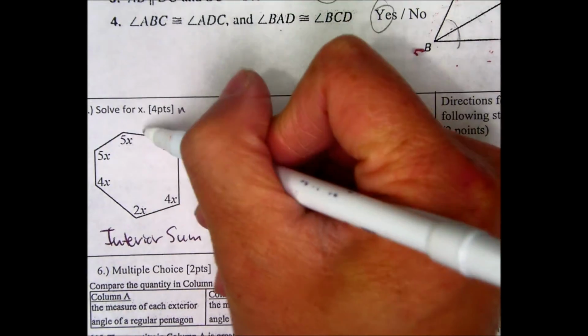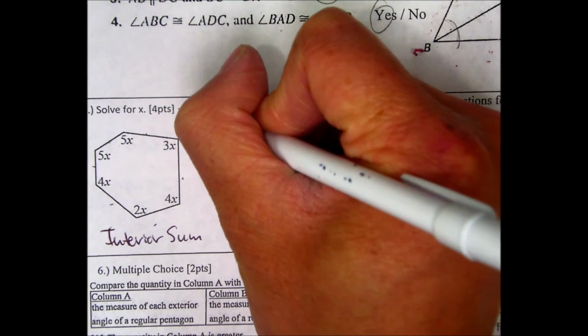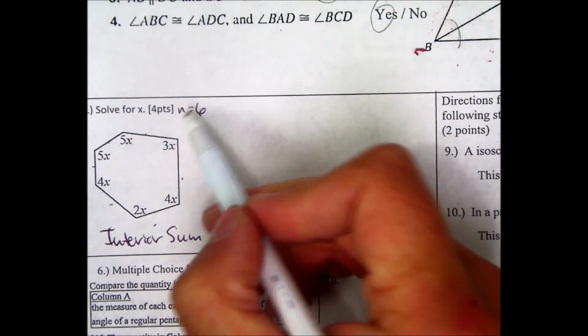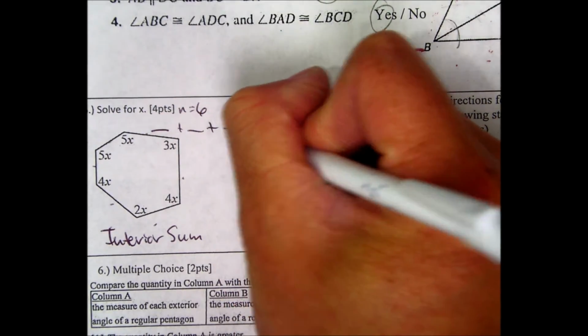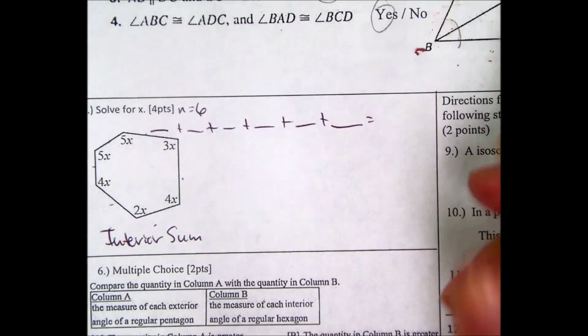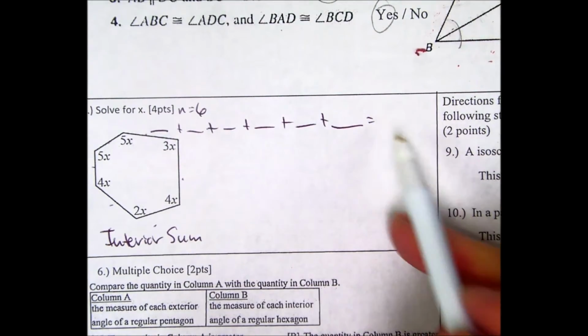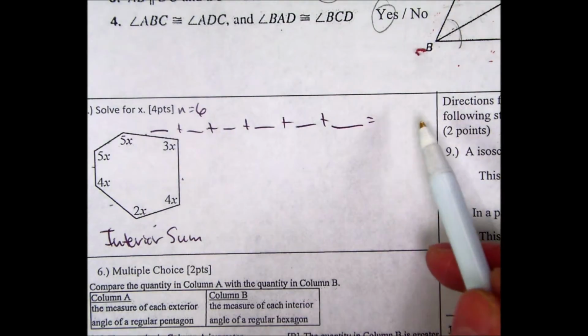So if I just go around and count, 1, 2, 3, 4, 5, 6. This is a hexagon. 6-sided means there's going to be 6 blanks. 1, 2, 3, 4, 5, and 6. And here, this is where a lot of students like to write 180 or 360, and that would be incorrect.